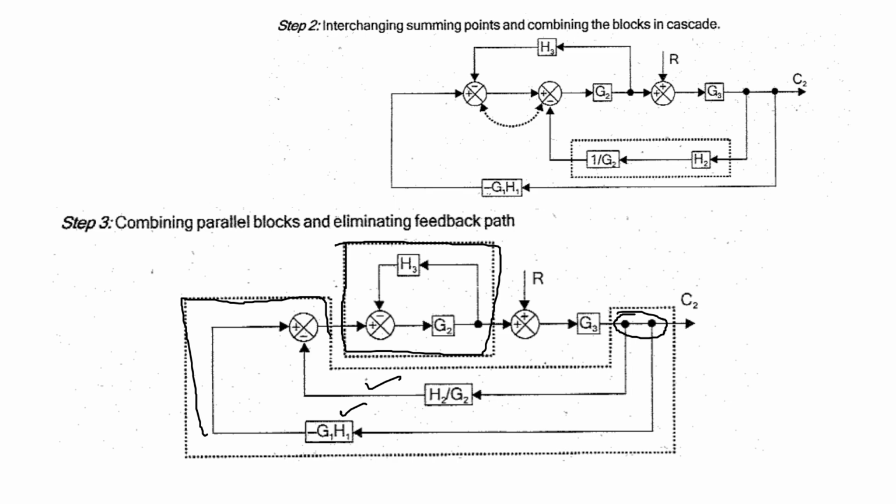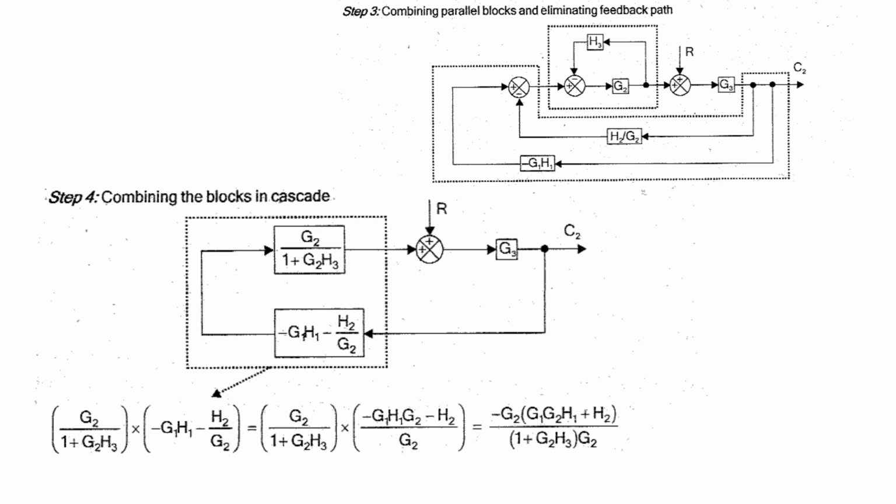I can combine these two based on the summing points available here, and that equivalent block will become a cascade if we eliminate this feedback path. So while you eliminate that, this is the equivalent parallel block and the eliminated inner loop feedback path. Now these two are in cascade, so I can multiply them directly, which will end up with this one.